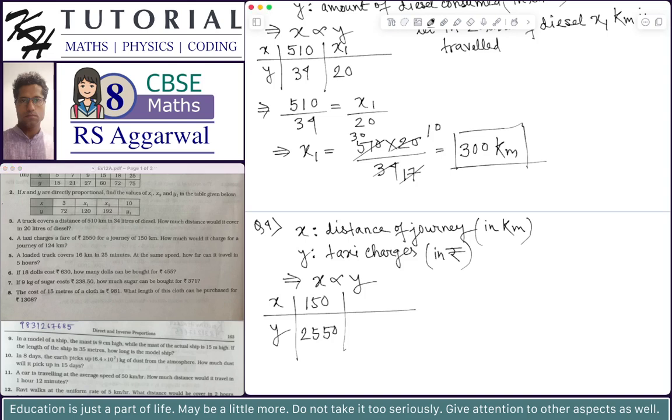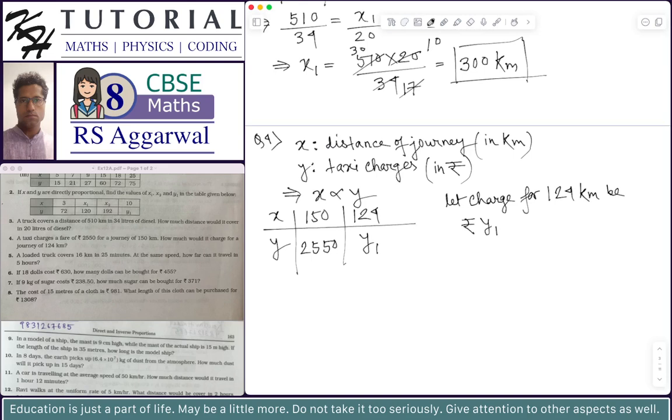So let the charge for 124 kilometer be y1, not x1, y1, because charge is the quantity represented by y. So let the charge for 124 kilometer be rupees y1.